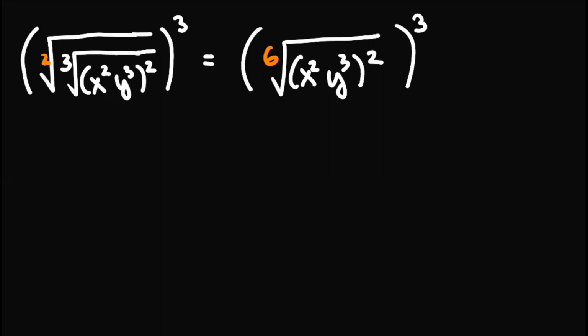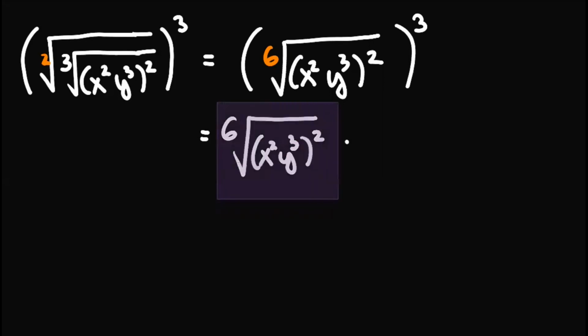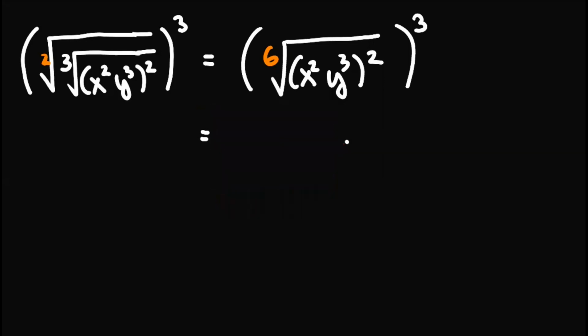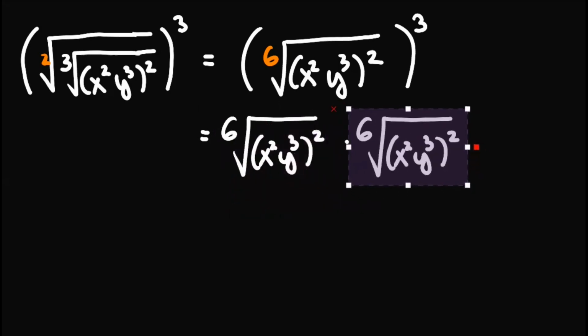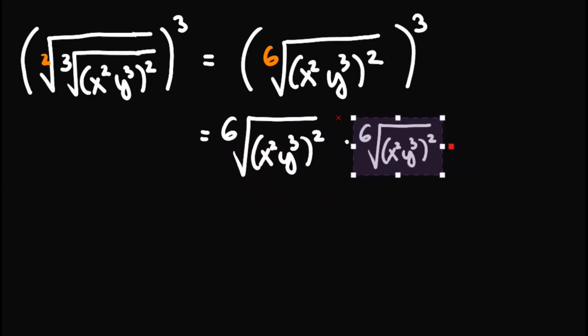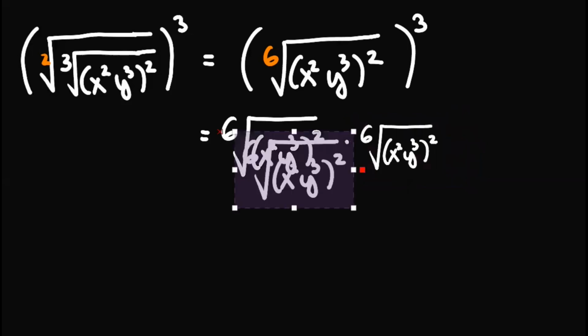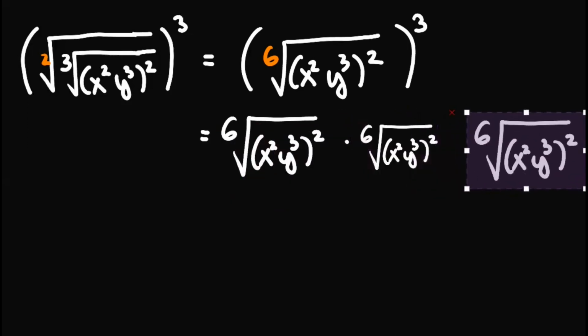Since first we have a cube here, we can write this one as the 6th root of x squared y cubed squared times, we multiply this 3 times to itself. So let's resize it so that it will fit right there.